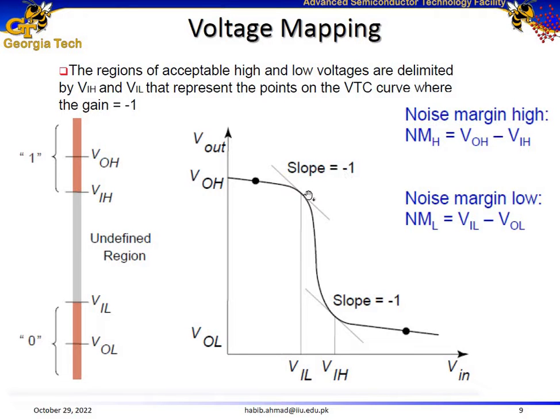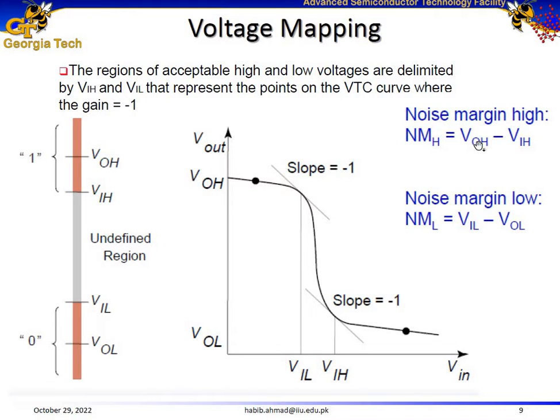Then the points where our slope is -1, we draw a line onto the x-axis, which is the input voltage, and draw a line over here as well, and we call it our input low voltage. So from 0 to VIL is our logic 0 for the input, and then from VIH to VDD, somewhere over here we are going to have our VDD. From VIH to VDD, we consider it logic 1 or logic high at the input voltage.